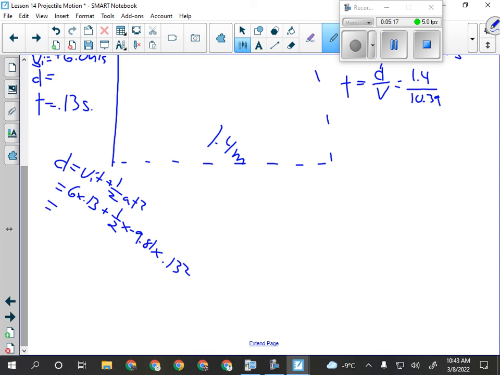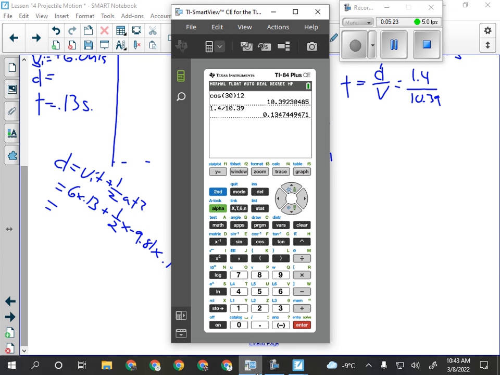It might work. I think it's going to come out to a negative number though. That's what I feel. Okay, 6 times 0.13 plus 0.5 times negative 9.81 times, well, I should have used the whole number. Hey, I messed this up.